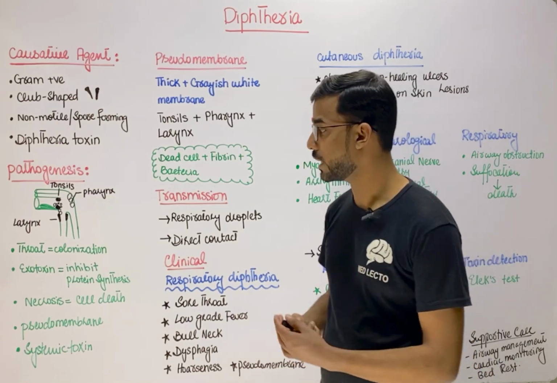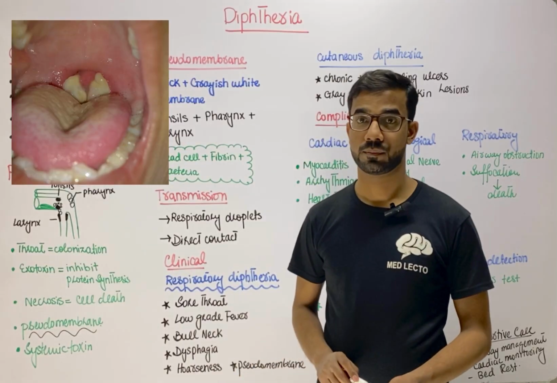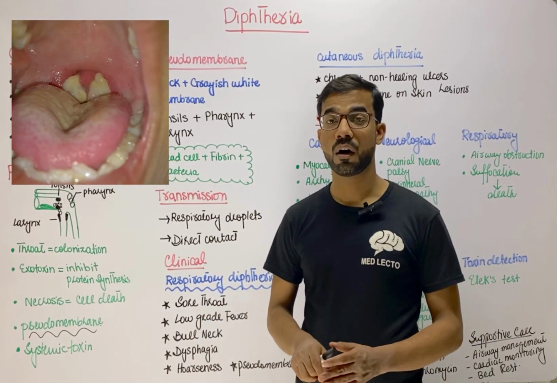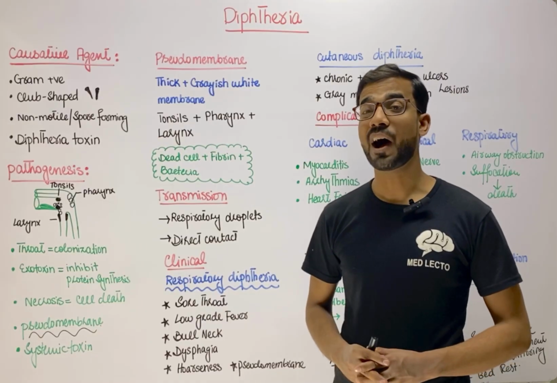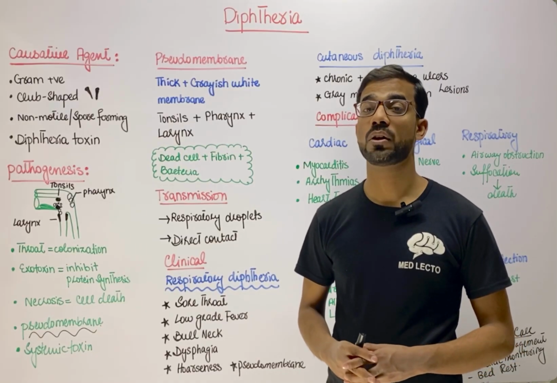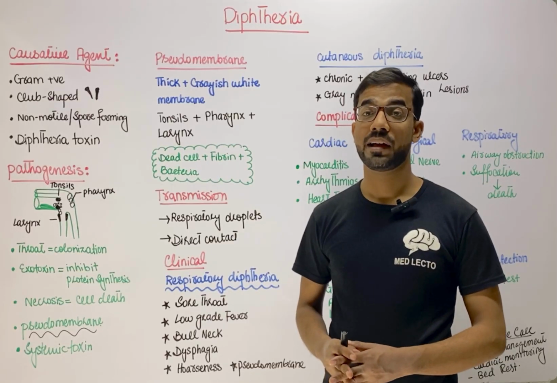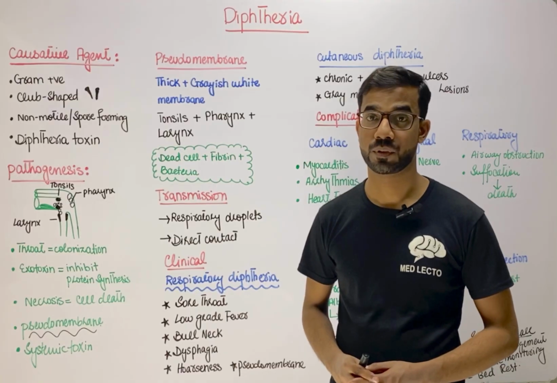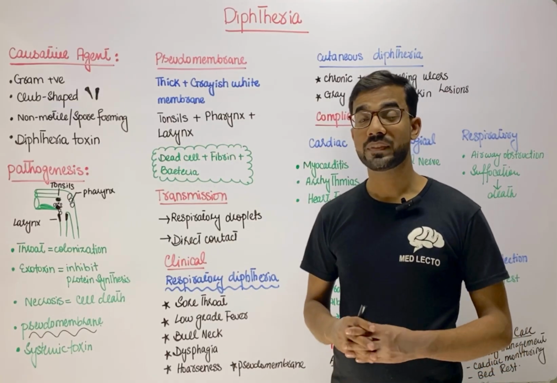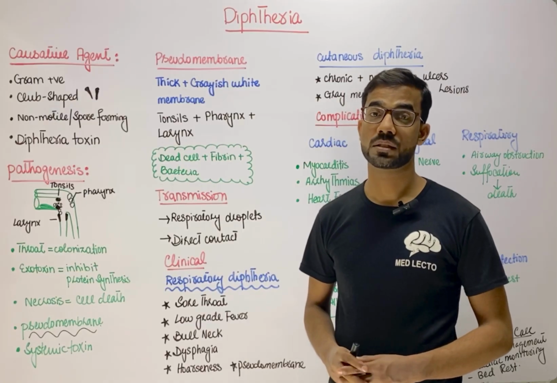And ultimately, you will see the formation of the pseudomembrane in the throat or over the tonsils. And after that, this exotoxin can enter into the blood, and it can affect other organs like the heart and the nerves as well. So this is how this bacteria enters the body and causes the disease.